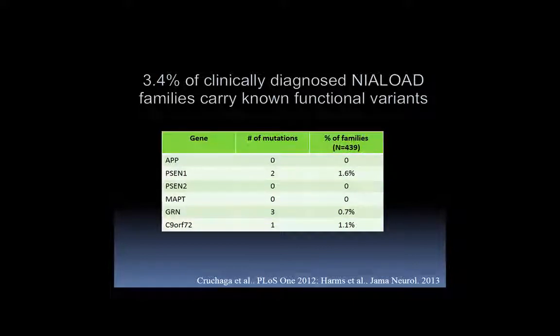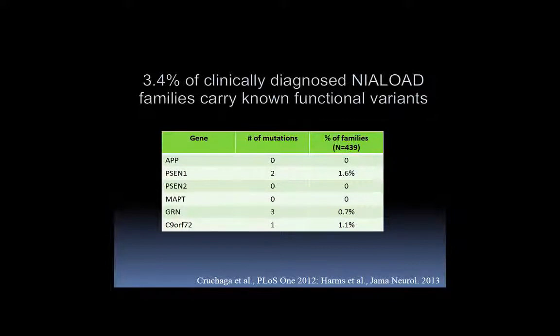So we sequenced these 6 genes in one person per family, to see whether we could find mutations. We found 2 different mutations in Presenilin 1, and these were mutations that had been reported in those early onset autosomal dominant families.